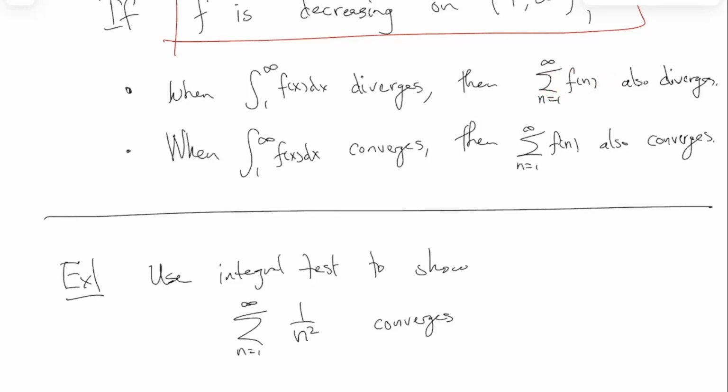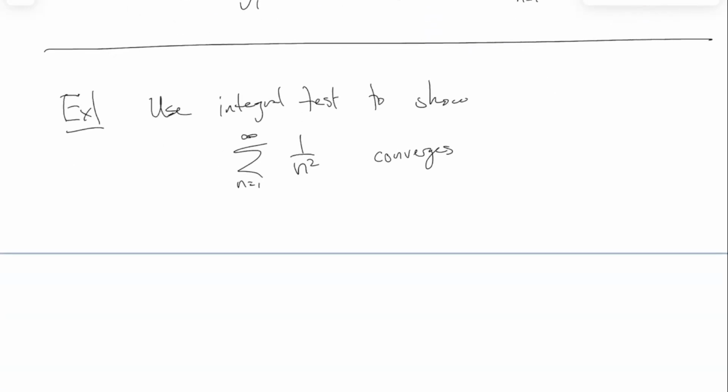If you have the series, which has a function on the inside, you make the integral have exactly the same function. It's just in terms of x rather than n. So this 1 over n squared becomes the integral from 1 to infinity of 1 over x squared dx, right? It just turns into the same function, but now inside an integral instead of inside of a series.